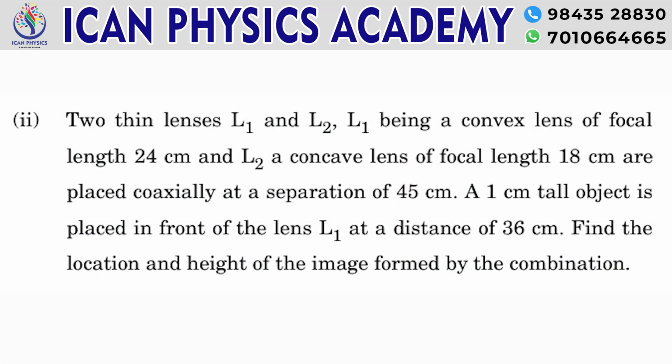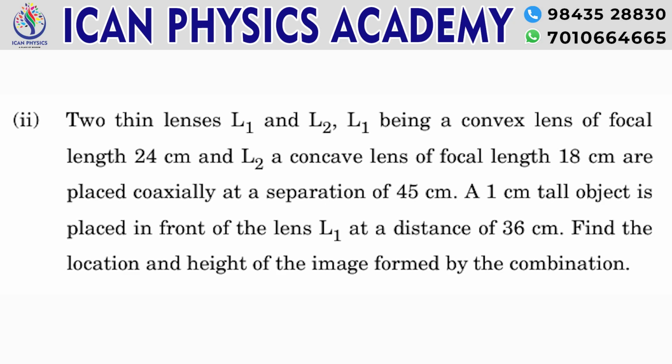Question number 32. Two thin lenses L1 and L2, L1 being a convex lens of focal length 24 centimeter and L2 a concave lens of focal length 18 centimeter, are placed coaxially at a separation of 45 centimeter.